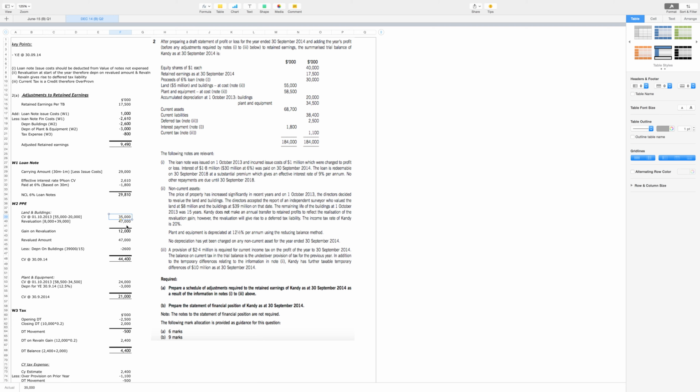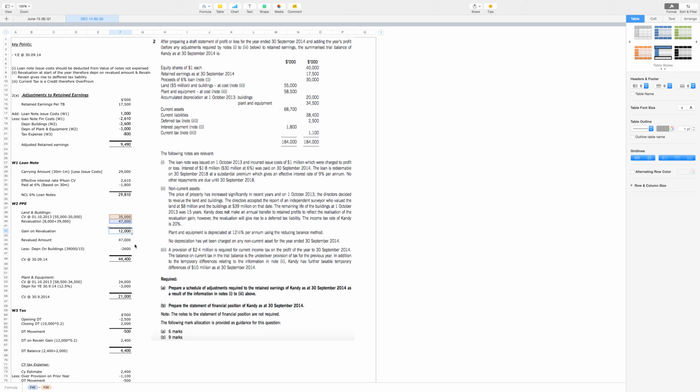We then went on to revalue our land and buildings at a combined cost of 8 million for land and buildings at 39 million. So altogether we had 47 million. This gives us a gain on revaluation of 12 million.